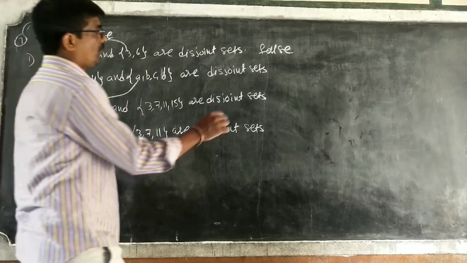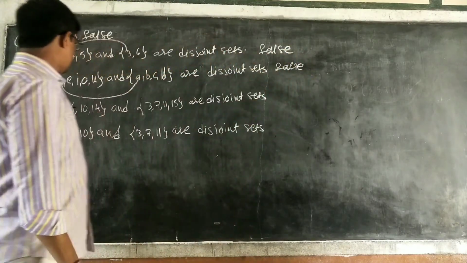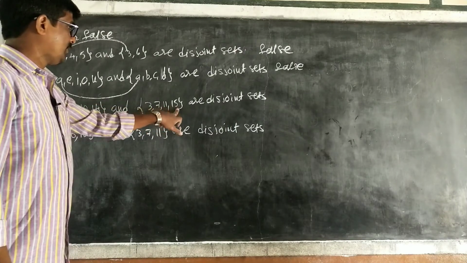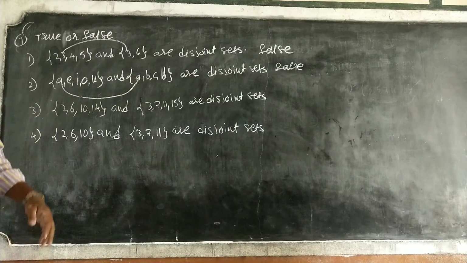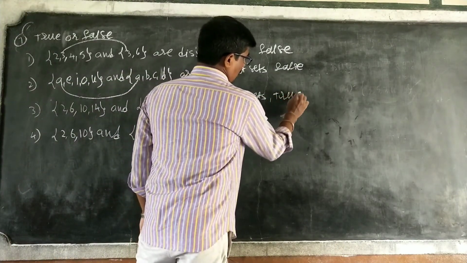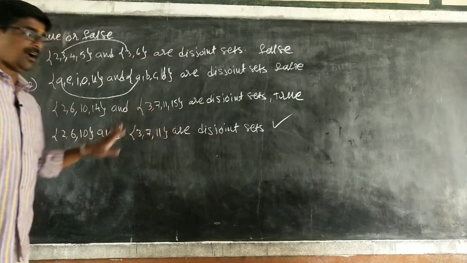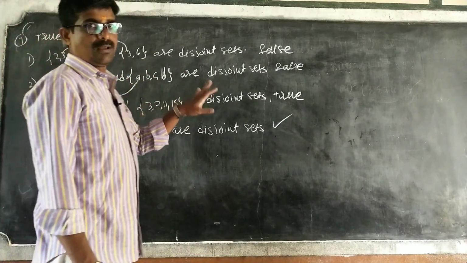This is also false. Next, are 2, 6, 10, 14 and 3, 7, 11, 15 disjoint or not? Yes, both are disjoint. No common elements. This is true because they have no common elements. Okay. This is for the seventh problem.